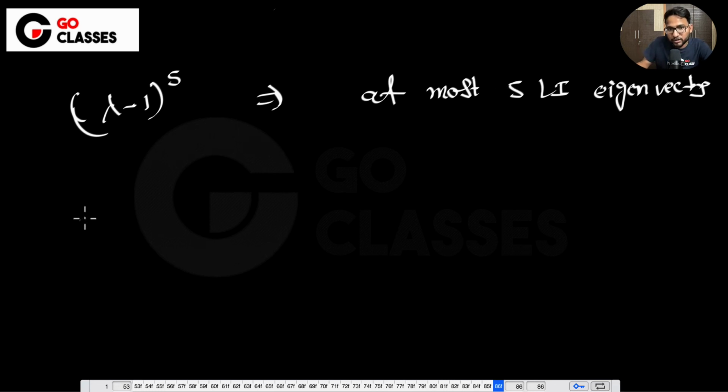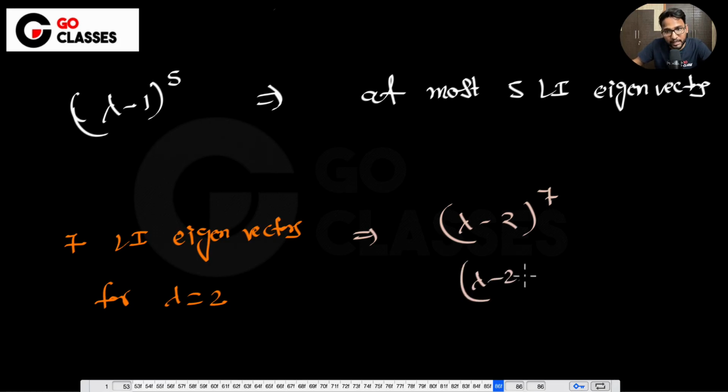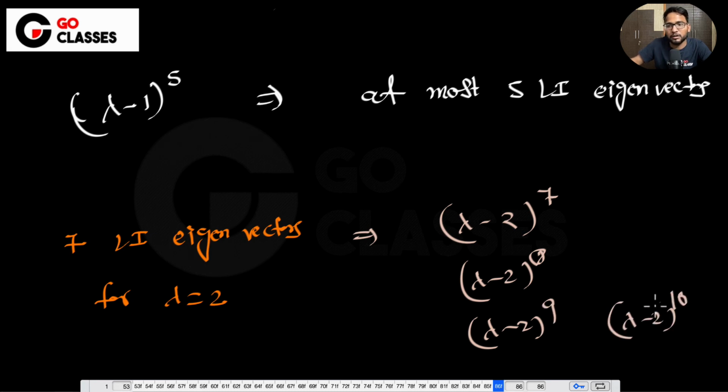In other words also, they can ask you this information, which means they give you, let's suppose, 7 linearly independent eigenvectors for lambda equal to 2. It means the power of lambda minus 2 in the characteristic equation could be 7, because at least 7 times it should be repeating, maybe 8, maybe 9, maybe 10, like that. I mean, it depends on A.